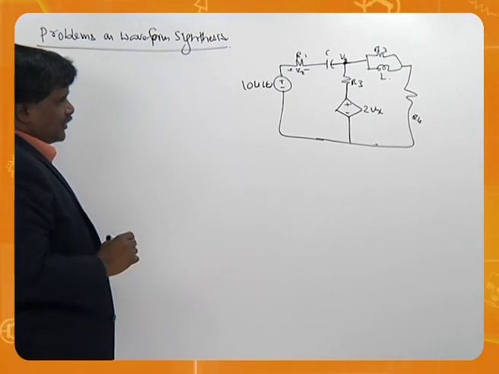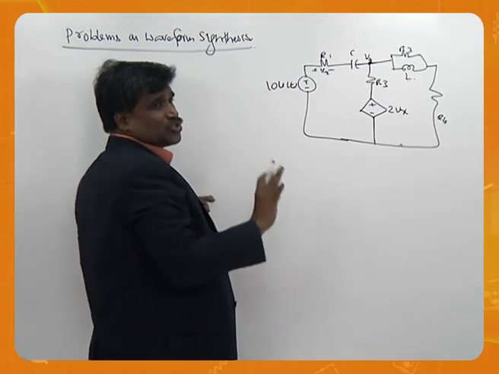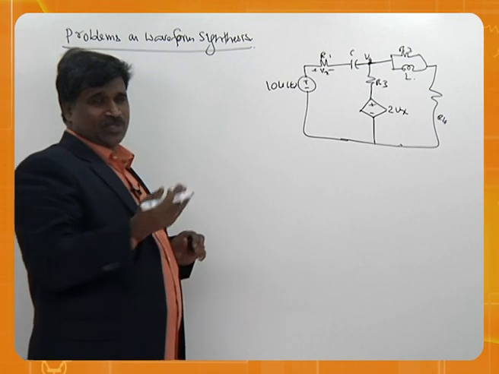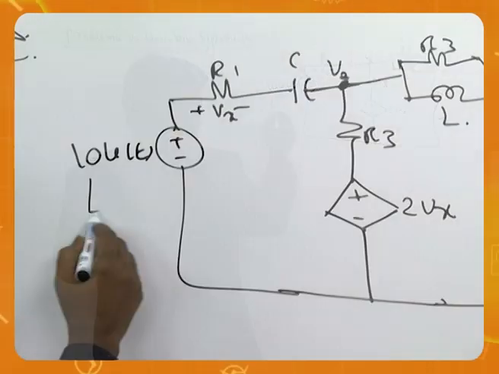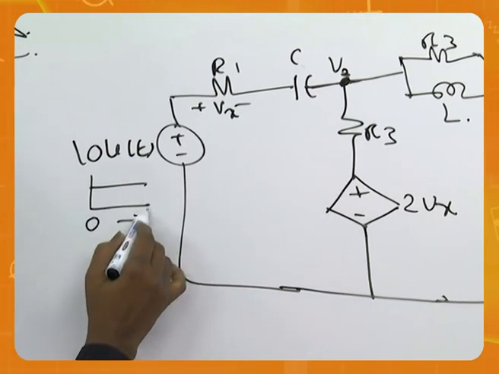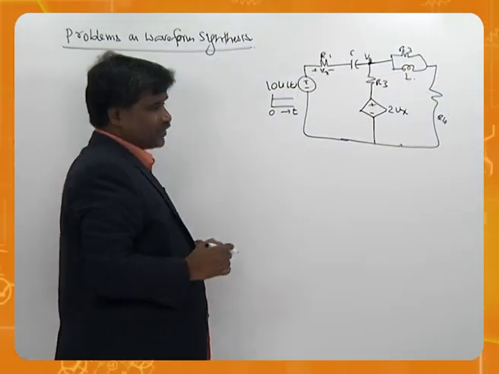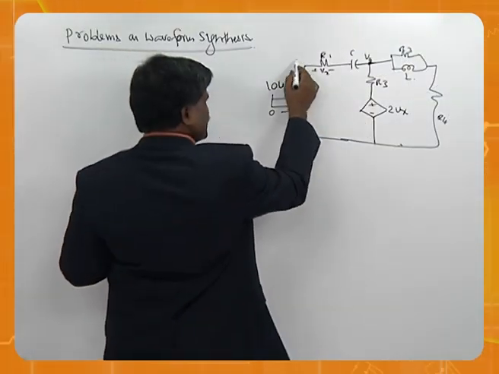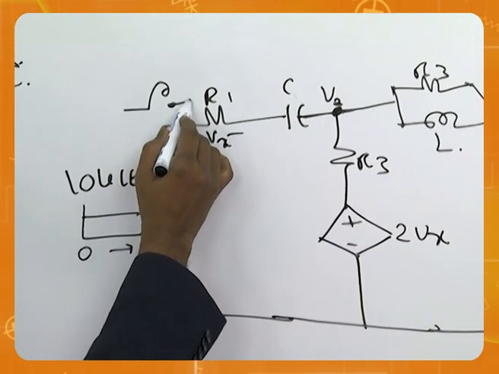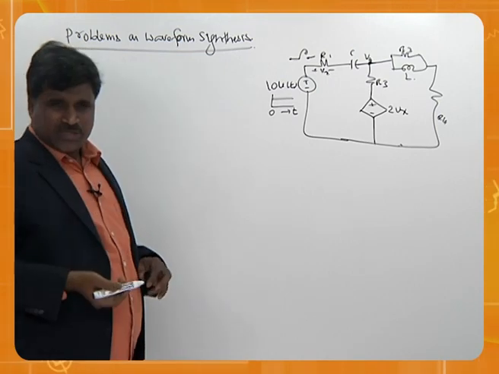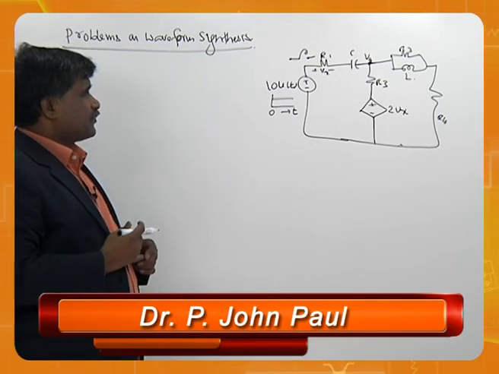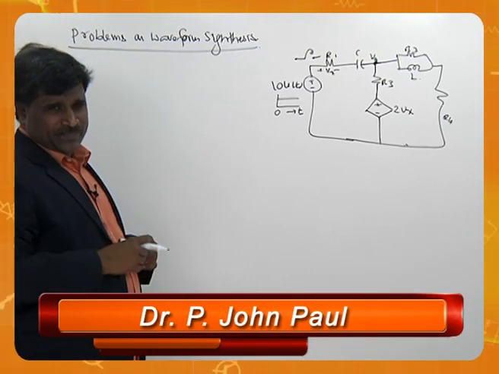Indirectly, there is no switch involved, but still it is called transients, because when you give a step, it starts from 0. It is as good as a switch is connected here. So though there is no switch, we are still calling it a switch. That's the first thing.